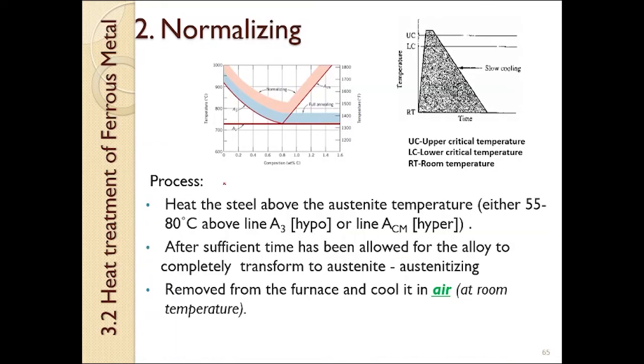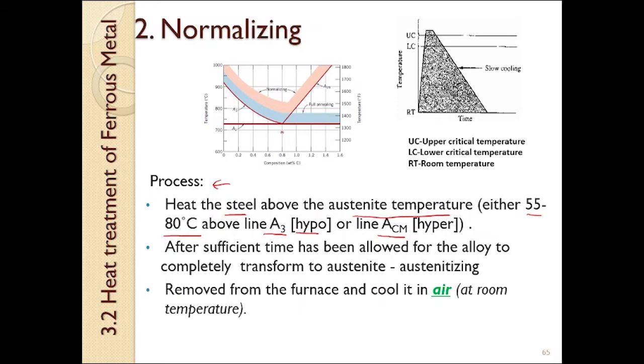The procedure or the process of doing normalizing, the first step is we need to heat the steel above the austenite temperature, either 55 to 80 degrees Celsius above line A3 or above upper critical temperature for hypoeutectoid, or line ACM for hypereutectoid steel.